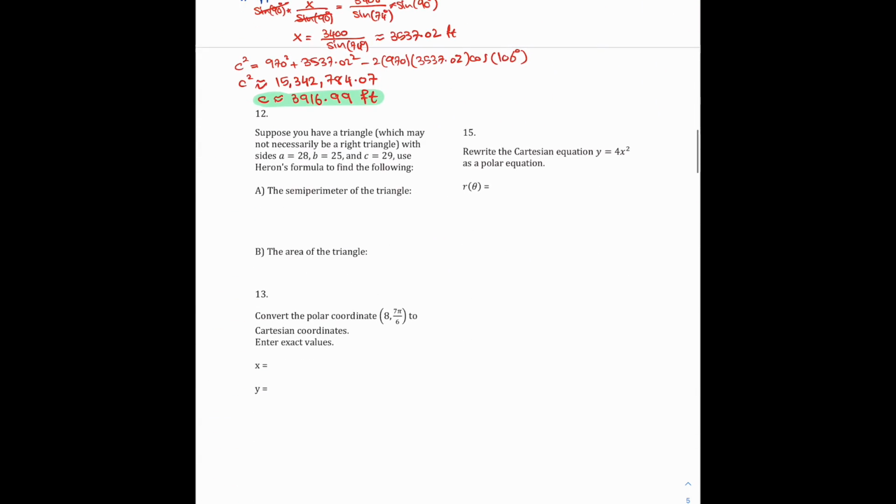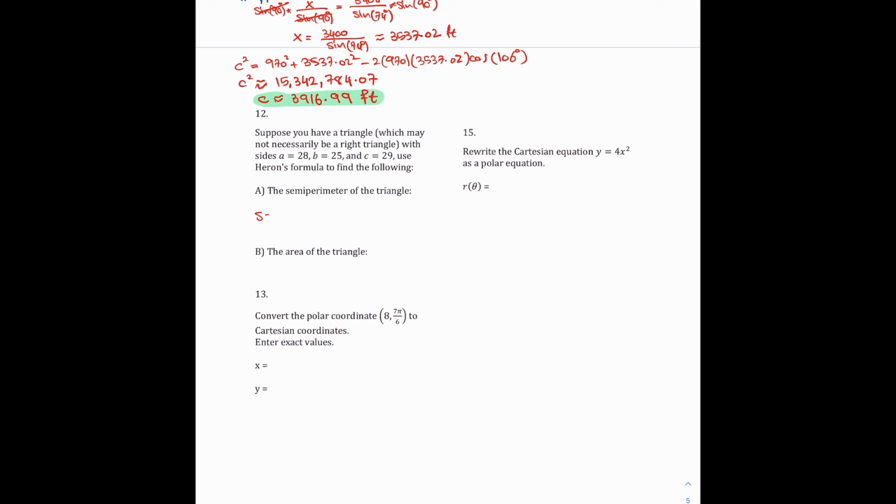Question number 12. It is similar to the previous question. Suppose you have a triangle, which may not necessarily be a right triangle, with the sides 28, 25, and 29. We're going to use Heron's formula to find the semi-perimeter and the area of the triangle.